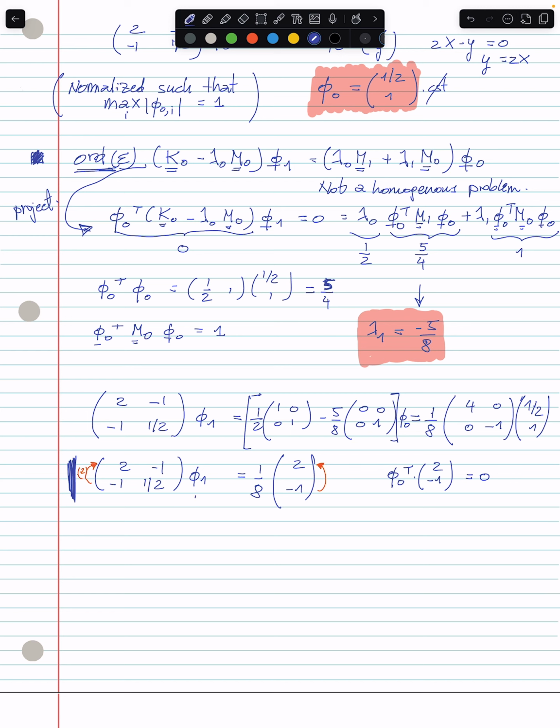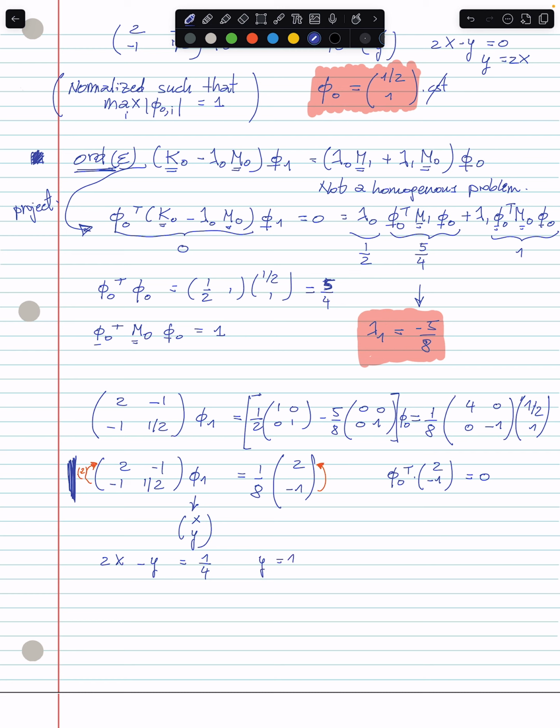All right, and so what we can do now, we can solve this problem and just say if we write that phi 1, just like before, as x and y, this is 2x minus y is equal to 2/8, that is 1/4. All right. So probably we could choose, if I choose just 1 for y, y is equal to 1.